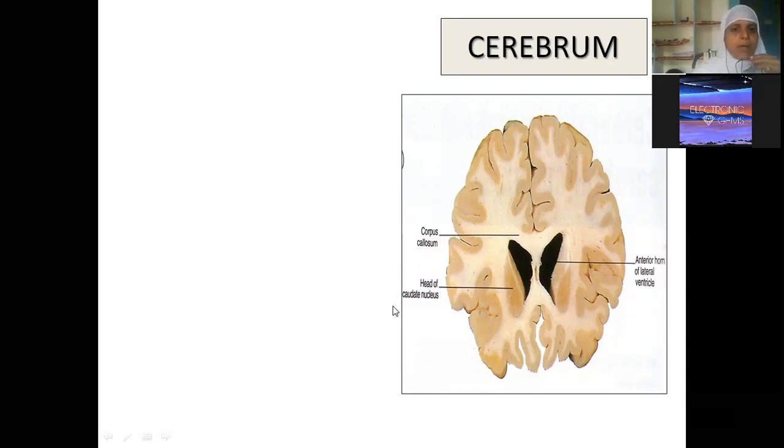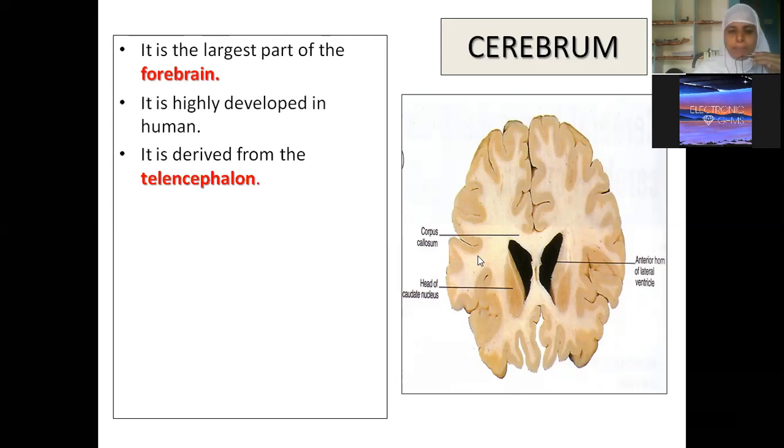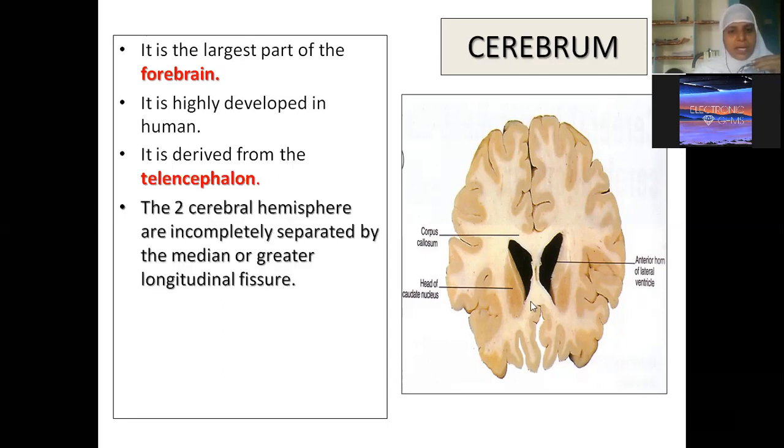Now, cerebrum is the largest part of the forebrain. It's highly developed in human beings. We have seen embryology also so nicely. So this is derived from telencephalon. The two cerebral hemispheres are connected by means of what structure? Corpus callosum, isn't it?